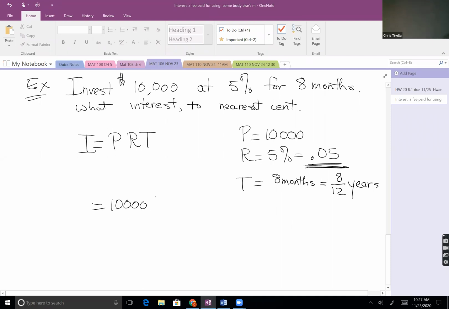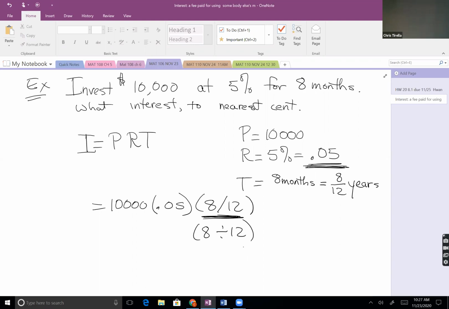I type 10,000 times 0.05 times 8 over 12. To get that 8 over 12 inside those parentheses, what I'm typing is 8 divided by 12. On the calculator, it actually looks like that fraction.